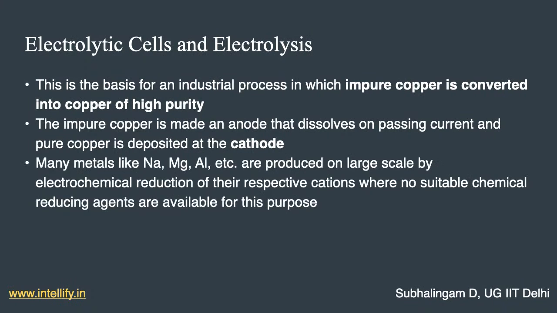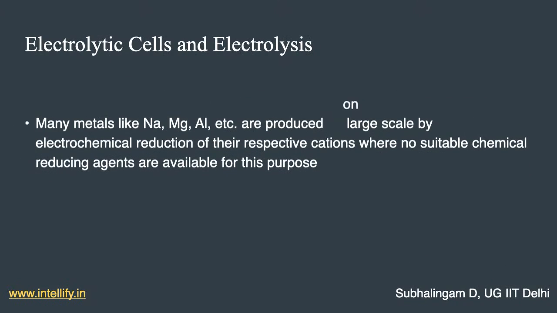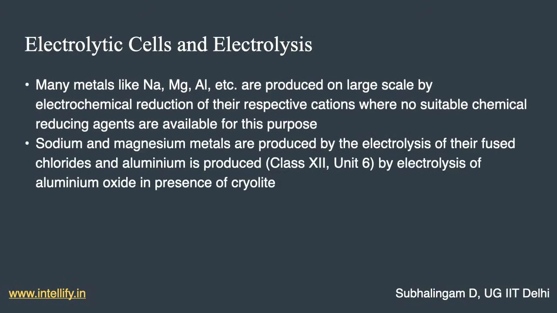Many metals like sodium, magnesium, aluminum, etc. are produced on a large scale by electrochemical reduction of the respective cations, where no suitable chemical reducing agents are available for this purpose. Sodium and magnesium metals are produced by electrolysis of the fused chlorides, and aluminum is produced by electrolysis of aluminum oxide in presence of cryolite. This will be covered in detail in Unit 6 of Class 12.